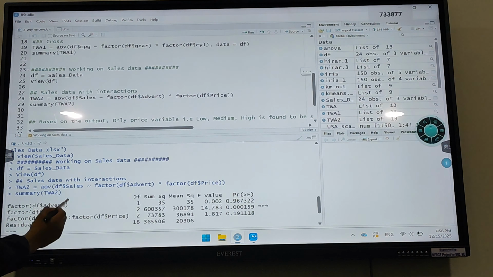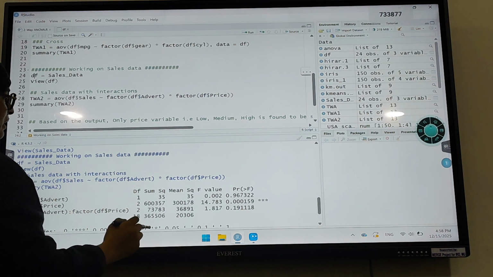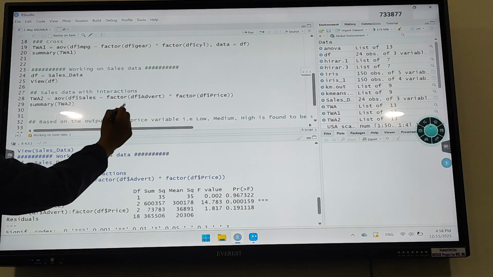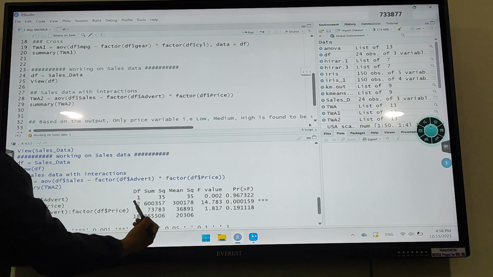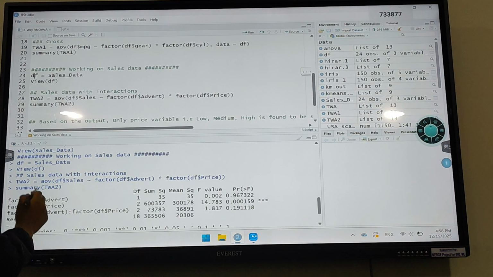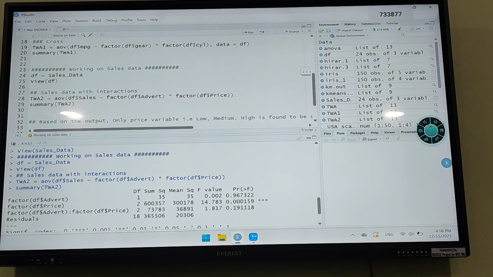If you do the interaction, you will get one more term like this, and it is insignificant. But if you use plus, you get two values only. Out of these two, only price has a significant value, and the other two are insignificant. This means that sales differ based on price.